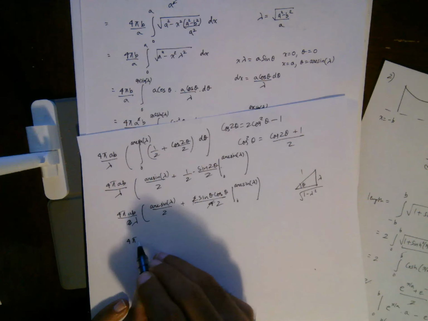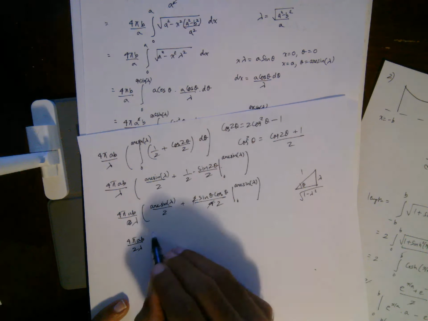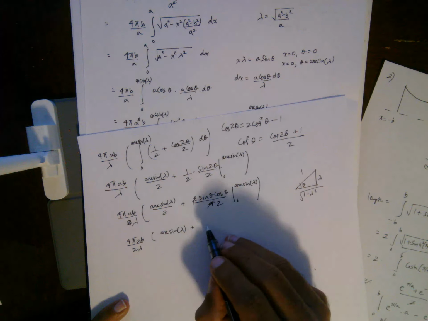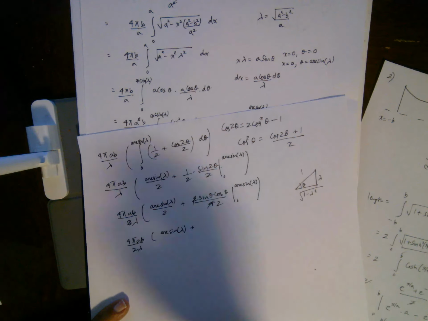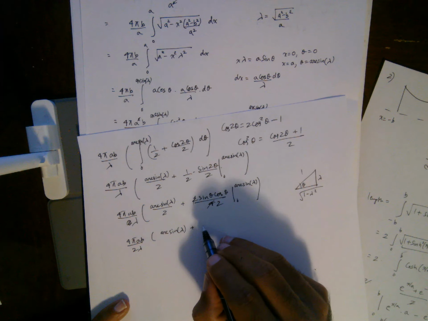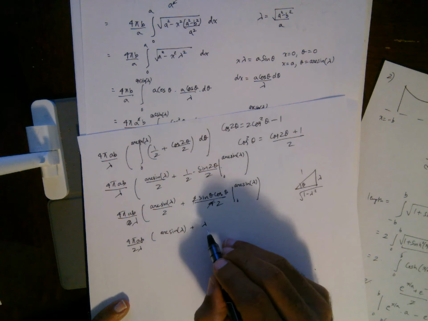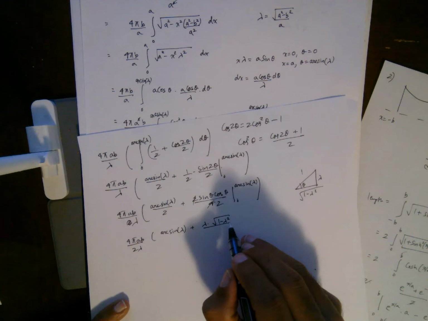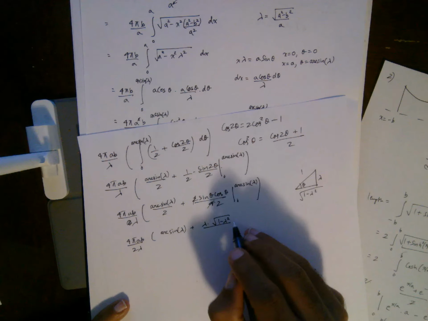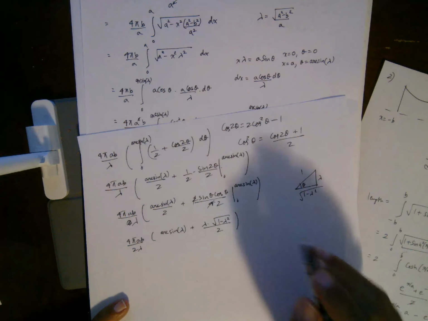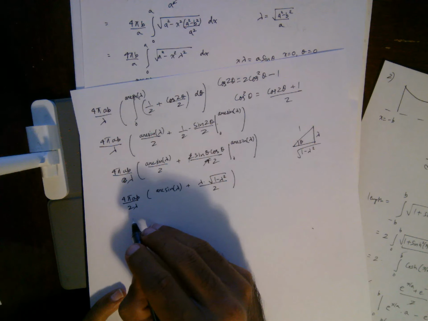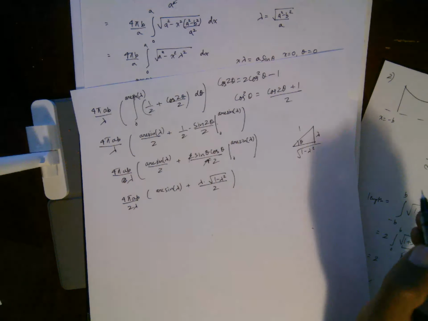So 4 pi ab over 2 lambda times arc sine lambda plus sine theta, which is lambda, times the square root of 1 minus lambda squared, over 2. Okay, yeah, I'm doing that right. So that should be my final expression.